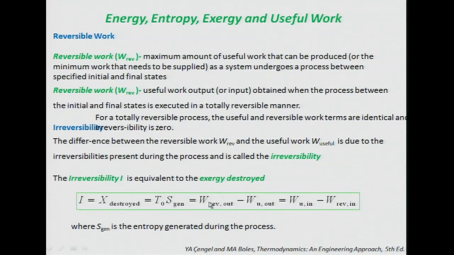Or if you've got a device where you're putting work in, like a heat pump or something like that, then it's the useful work in minus the reversible work in. Okay, because you put more work into your irreversible heat pump than you would in a reversible one. So that difference is what you lose. And quite clearly, when the system's reversible, you don't destroy any exergy. Okay? And Sgen here is the entropy generated during the process.